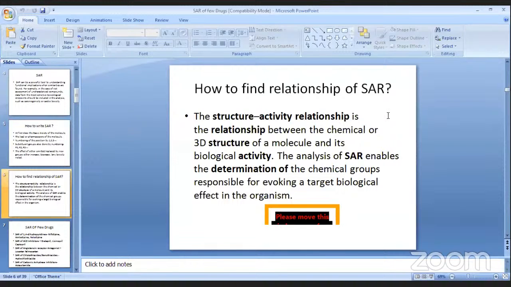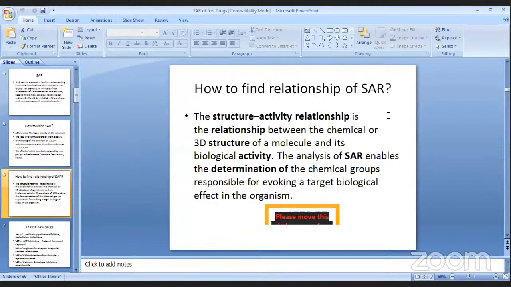So the 3D figure should be considered. Rational drug design, RDD, is one of the processes for this type of activity. Computer drug designing, rational design, by using the computer, you can get a 3-dimensional concept, and you can enable the determination of the chemical groups. What are the groups that are the target for biological activity, and at this time you can get a relationship with this structure.